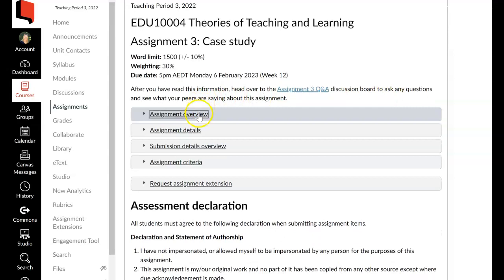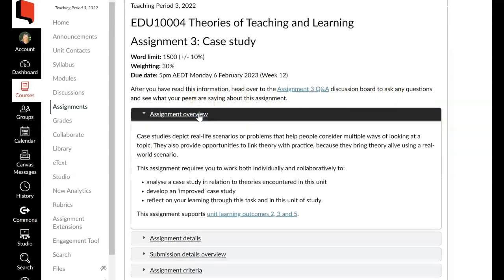So let's have a look here at the overview. What is a case study and why are we using it? Case studies depict real life scenarios or problems that help people consider multiple ways of looking at a topic. They also provide opportunities to link theory with practice because they bring theory alive using a real world scenario.